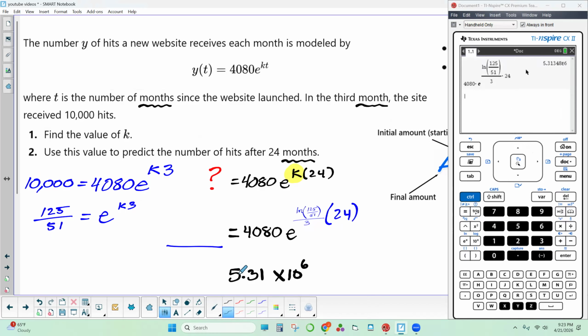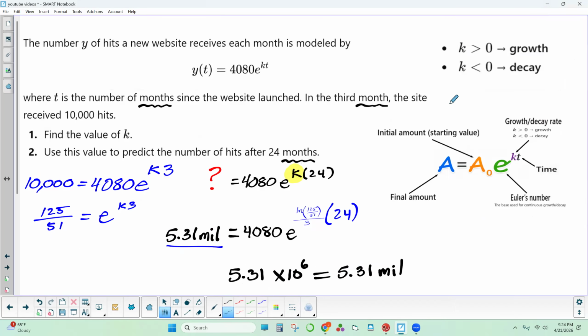That's the scientific notation, but what this equates to is, rounding to the nearest hundredth, 5.31 million. So that is the number of hits that we can predict after 24 months, 5.31 million.